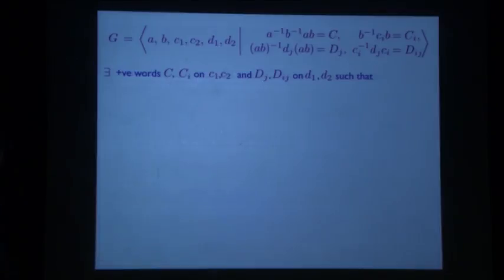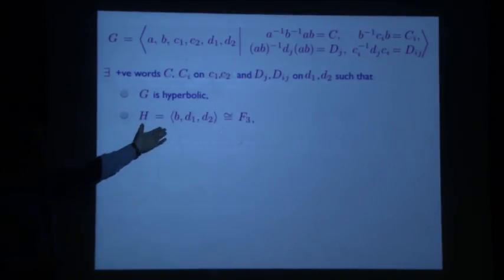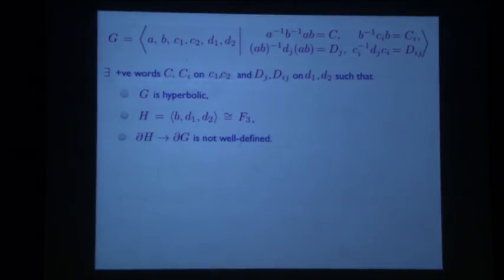We can choose these in such a way that we get a hyperbolic group. The subgroup H, generated by B, D1 and D2, is free of rank 3. But the Cannon-Thurston map from the boundary of H to the boundary of G fails to be well defined.